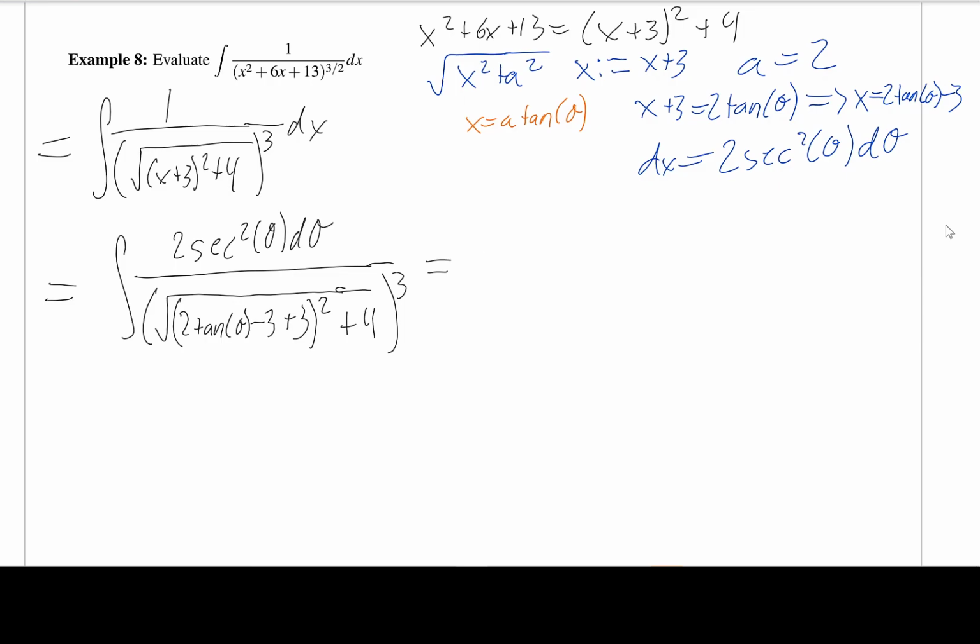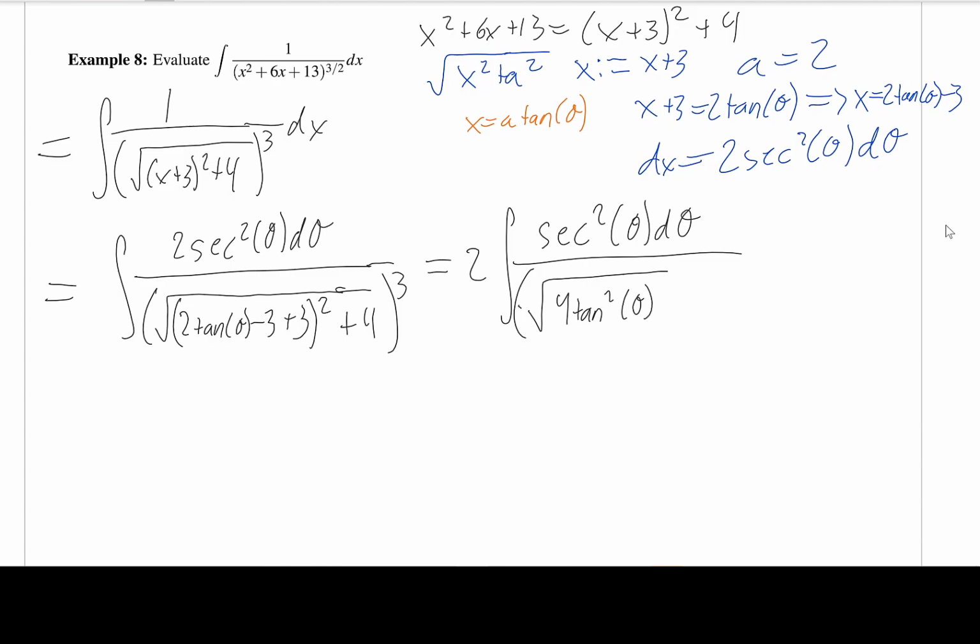Okay, so I'm going to pull this 2 out front. We'll still be left with secant squared theta d theta on top. Over, let's see, these 3's will cancel, so I'll have the square root of 2 tan theta squared, which will give me 4 tan squared theta plus 4.